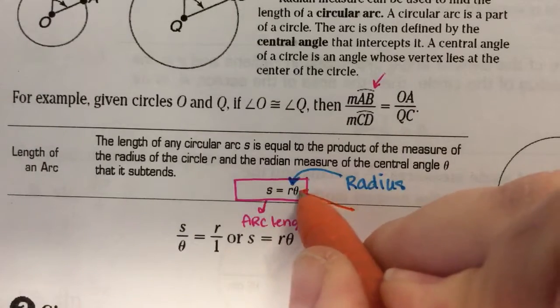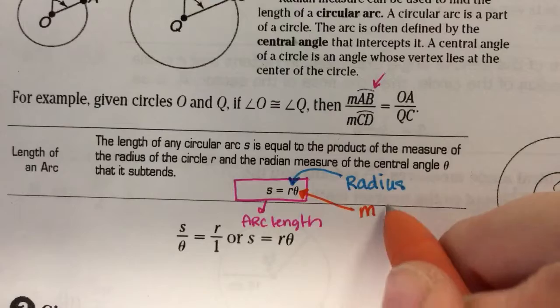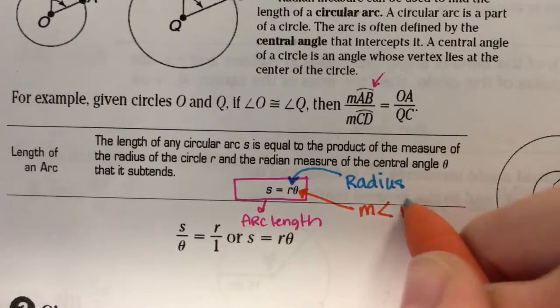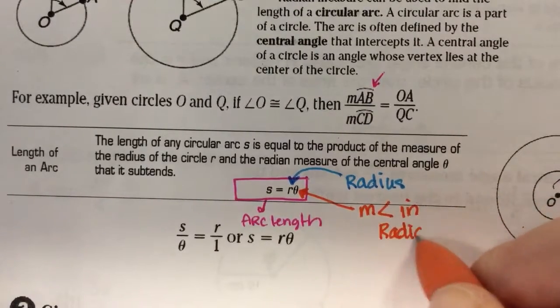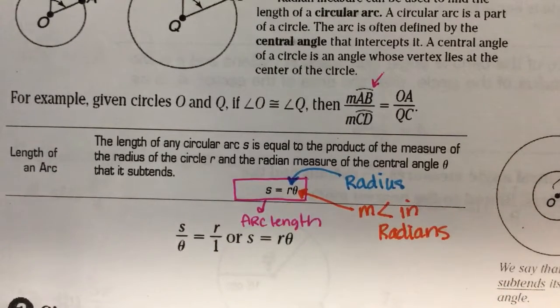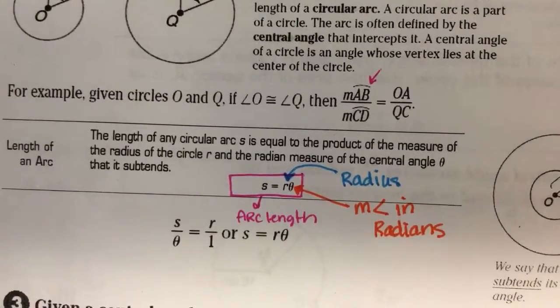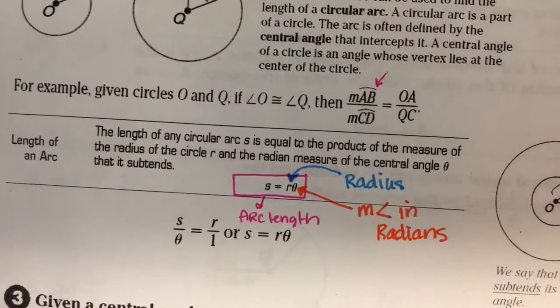The reason I say that is because theta has to be in radians. That's the measure of the angle in radians. We cannot throw degrees in there. This must be in radians. Okay? So, with that being said, let's move down here to example number 3.